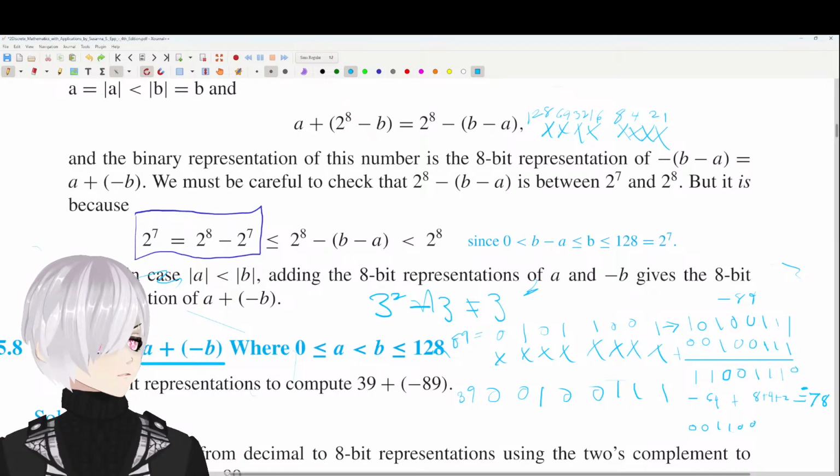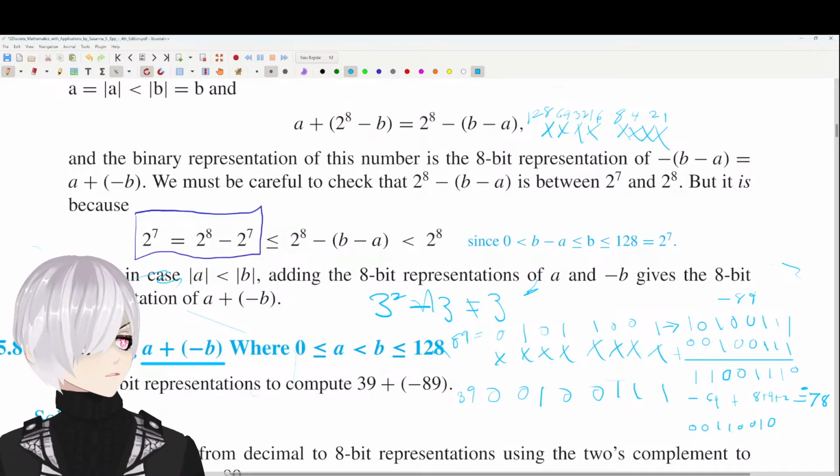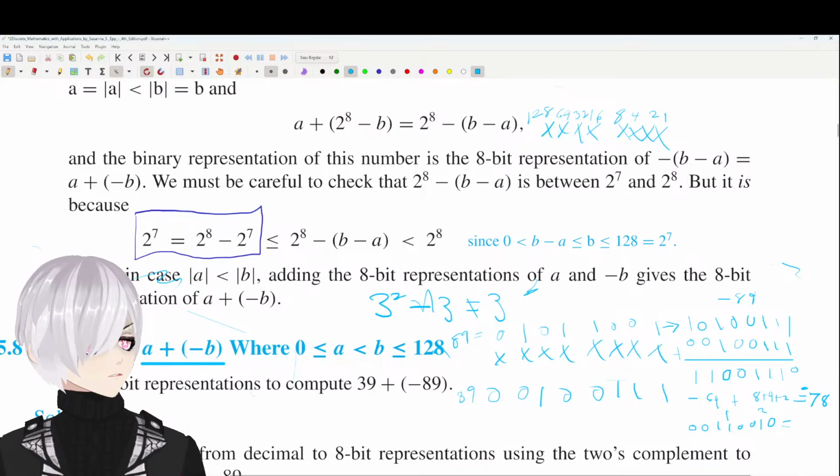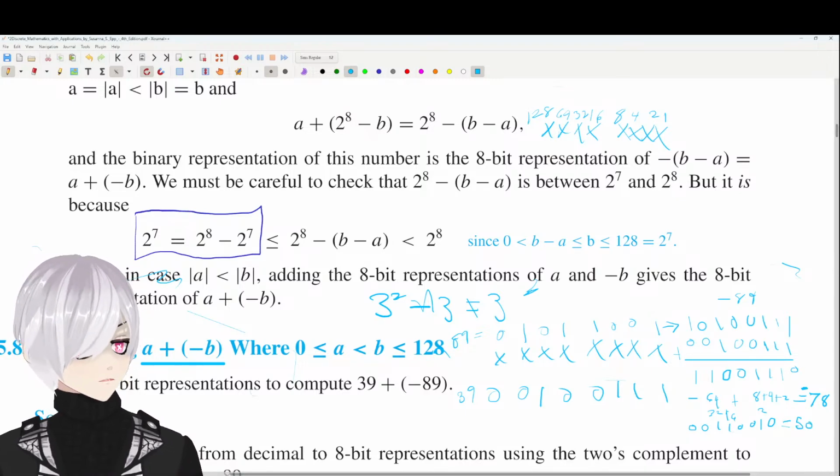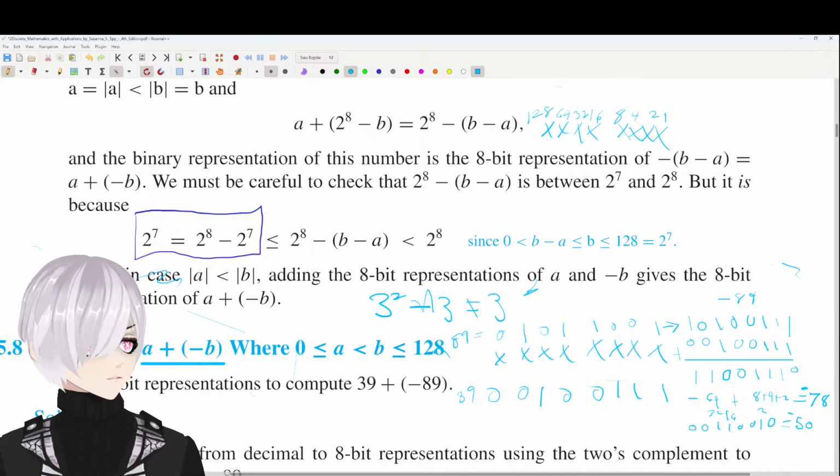Then we get this. Whatever that is, that's going to be the absolute value of the negative number, and then we'll just put a negative onto that. Is this negative 50? Yeah, exactly.